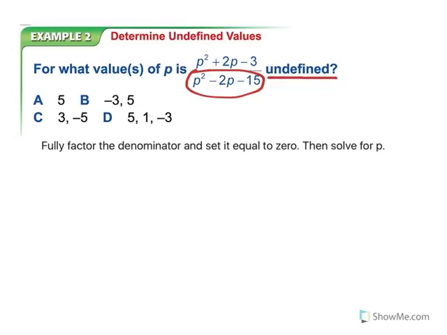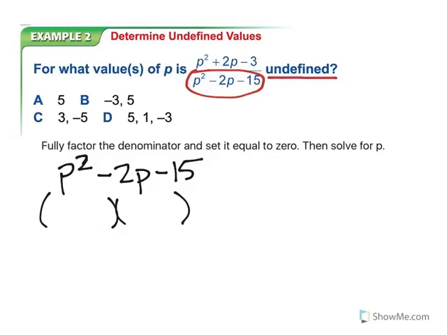So we have p squared minus 2p minus 15, and we have to factor this. Our magic number is 15, so we have 1 and 15, and 3 and 5. And we need to be able to add or subtract to get a 2.